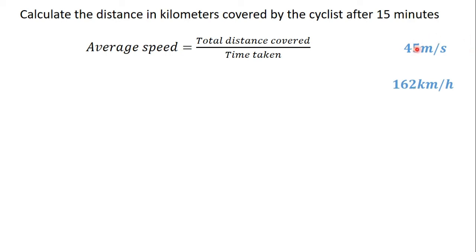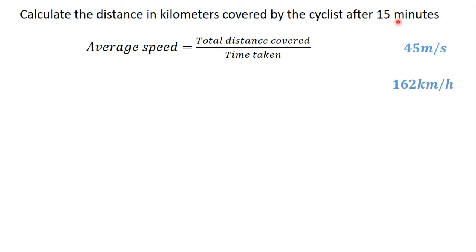You can use the first one, which is in meters per second. But after that, you get your distance in meters. The question wants us to find the distance in kilometers. For the second one, the distance is already in kilometers. So if you use it, you are going to get your final answer in kilometers and there will be no need to convert. So I'm going to use 162 kilometers per hour as our average speed.